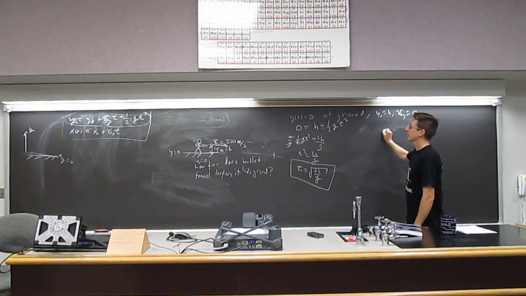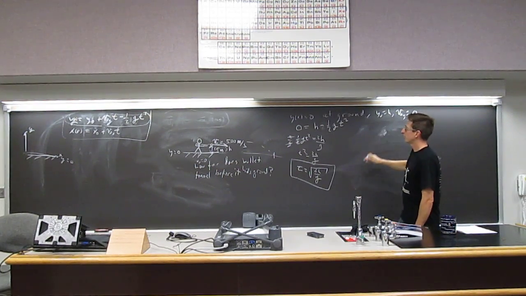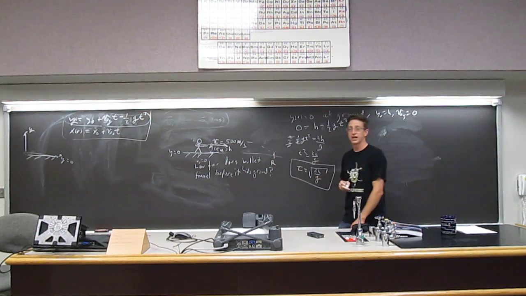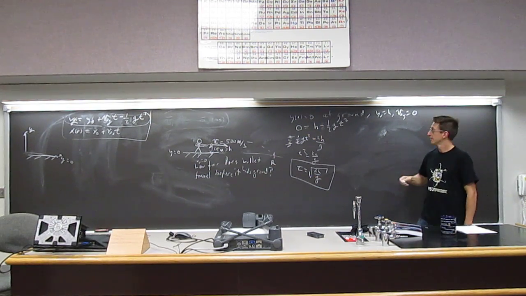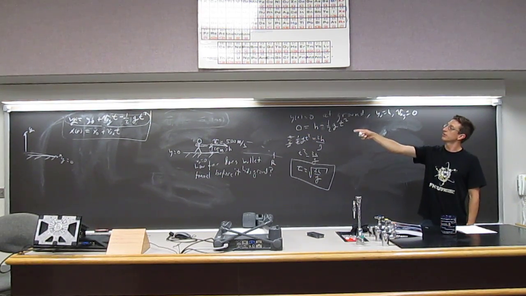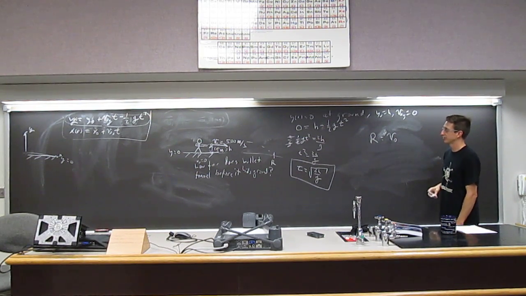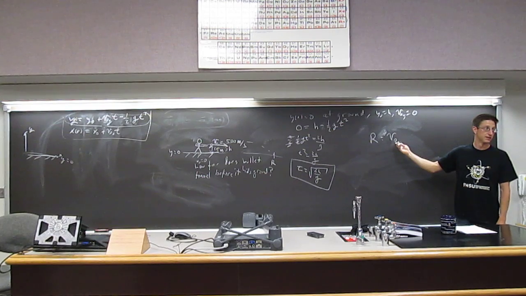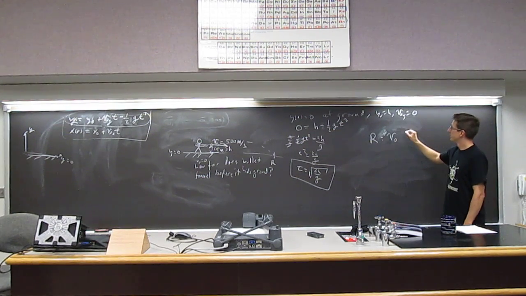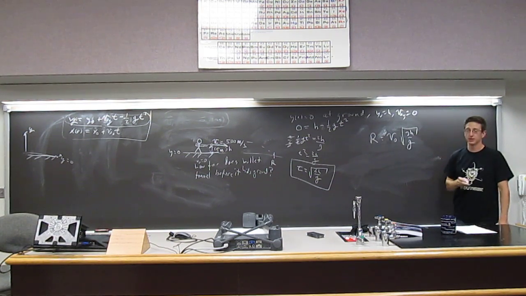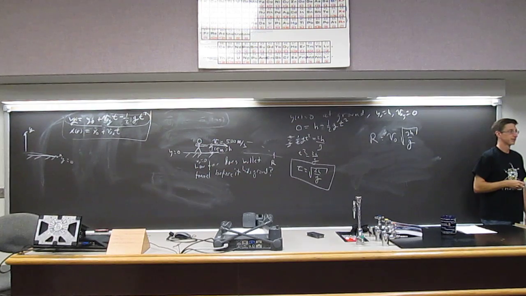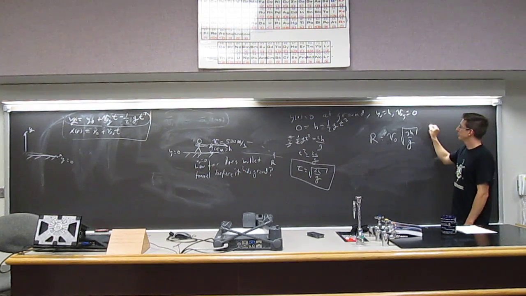I'm going to call this r for the range. So if I look at the x equation, I plug in r is the initial velocity in the x direction, v naught, times time, which would be the square root of 2h over g, because that's the time it's in the air for. And this would be my range.